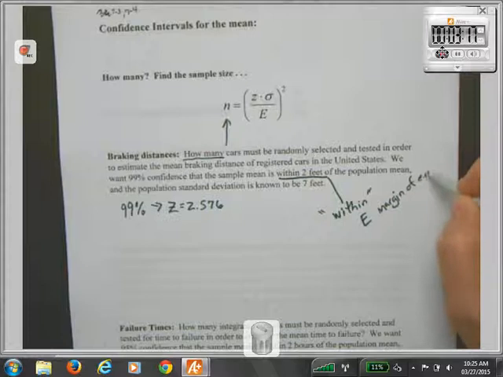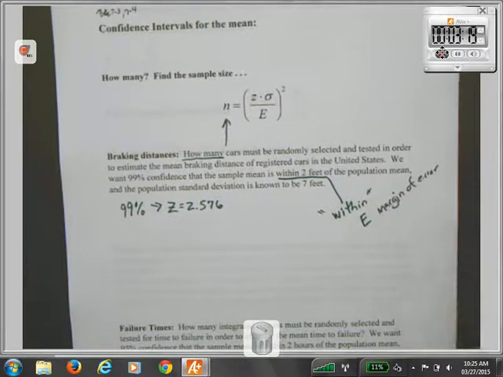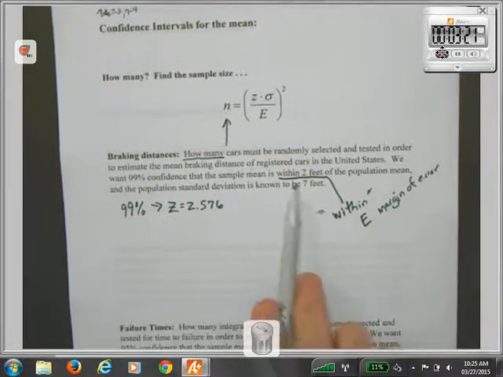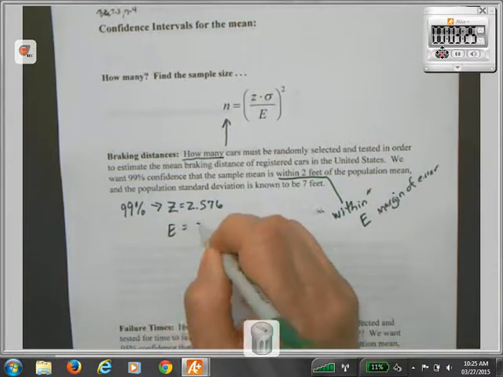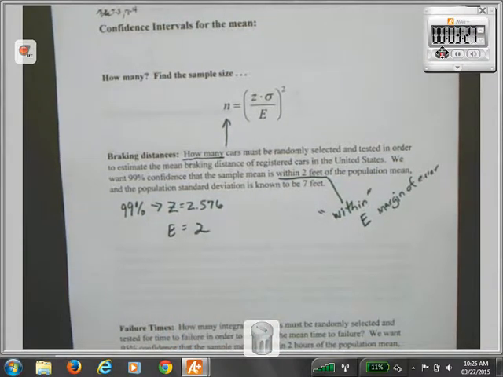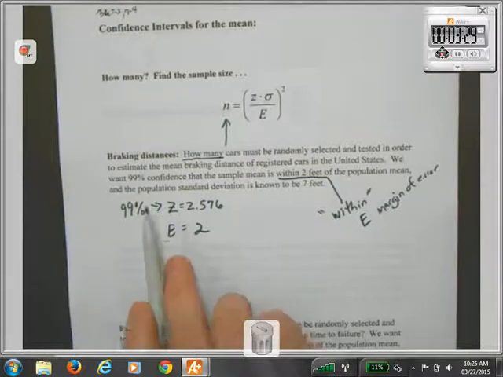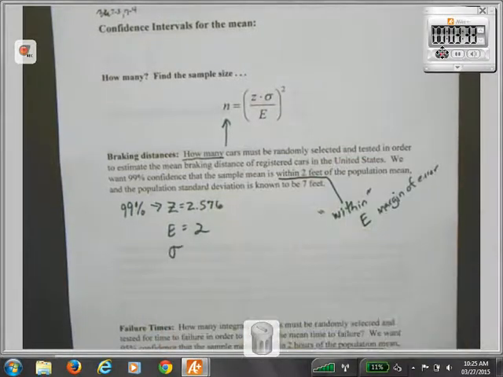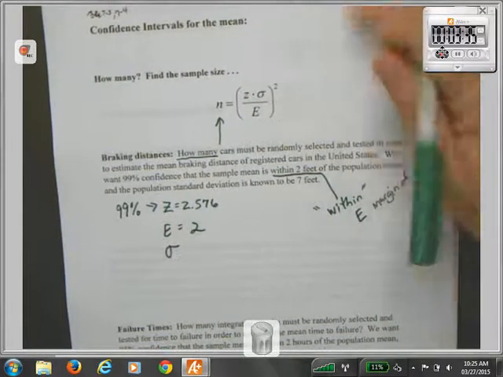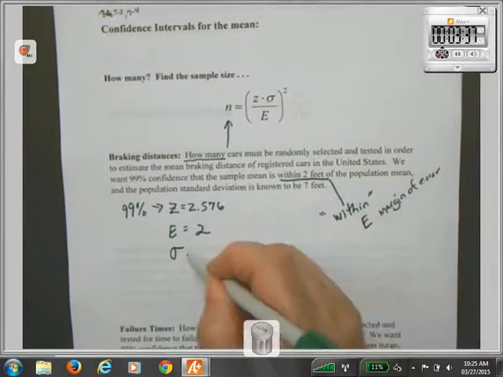Sometimes they'll actually say margin of error, and then you know it's E. But most of the time they're going to use that word within to get that. So E in this problem is just 2, or 2 feet. And they give us that the population standard deviation, also known as sigma, is known to be 7 feet, so that equals 7.